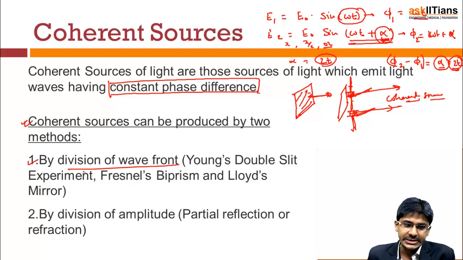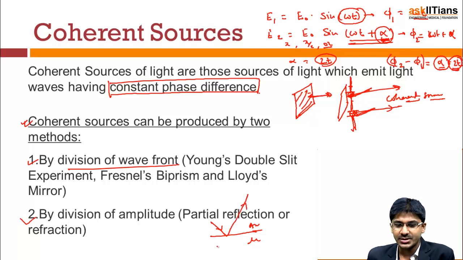Okay. Second is by division of amplitude. Now how can we get this? This is through partial reflection or refraction. Suppose you have a medium here with refractive index mu, and this is air, and light is coming from here. Some portion of the light will be reflected, some portion might get refracted.